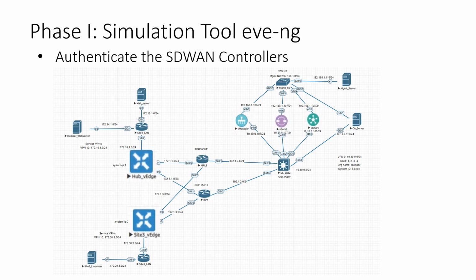These are the vEdges used to connect to their local area networks. After configuring the CA server, we use the CA server to digitally sign the SD-WAN controllers and the vEdges.